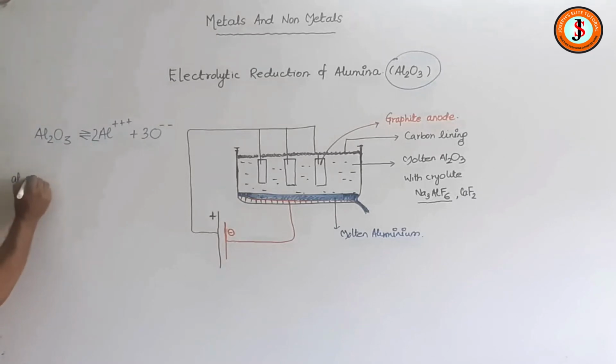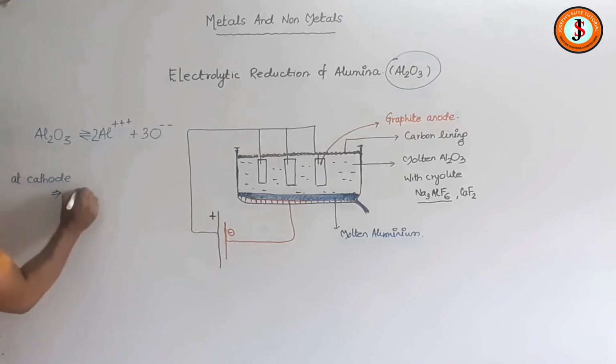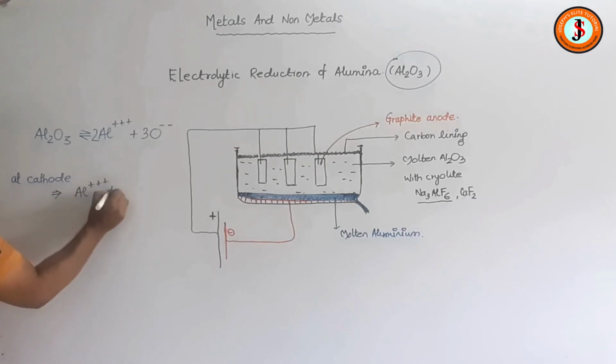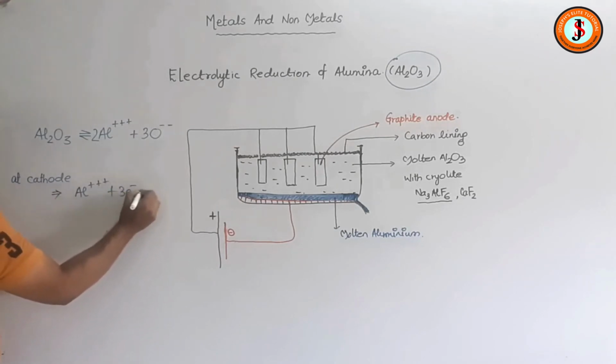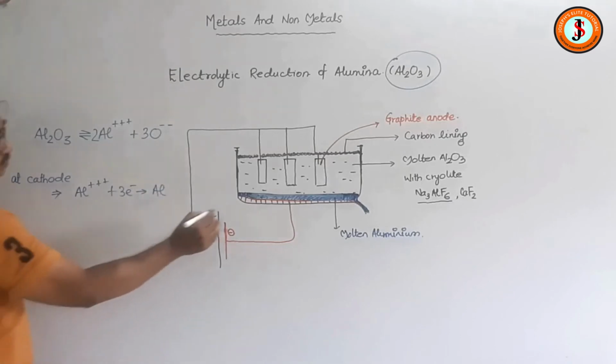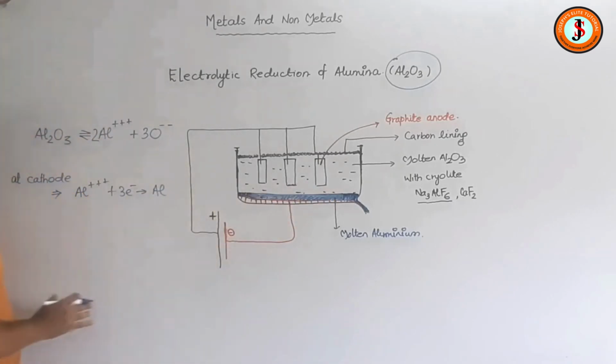At the cathode, what happens? We will have Al3+ plus 3 electrons gives Al, and aluminum will get deposited. So this blue thing is the aluminum layer. Alright, so molten aluminum comes down.